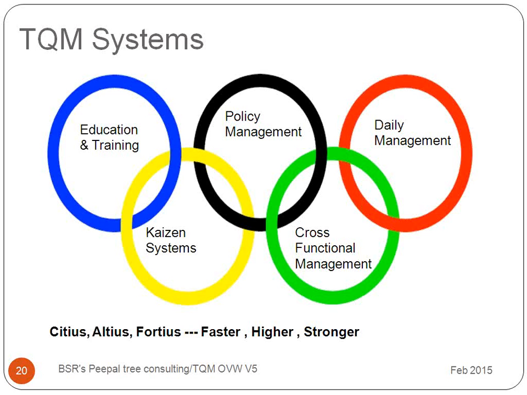Next aspect, as we saw from the jigsaw, is TQM systems. Now, what are the TQM systems? These are some unique systems by themselves. I have chosen to represent them through the Olympic circles. Why?